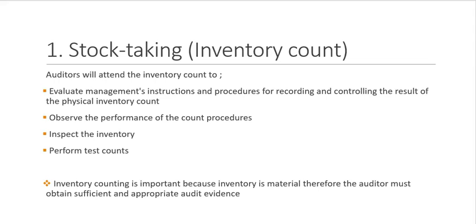So as they're counting the inventory, if they say there's 200 items of salt, then confirm that there are 200 items of stock. Now, why is inventory counting important? Because inventory is material. Inventory is also always a material figure. Because it's a material figure, auditors must obtain sufficient, appropriate audit evidence.